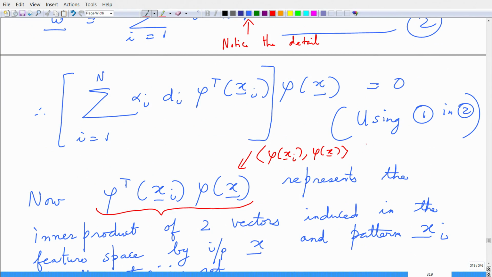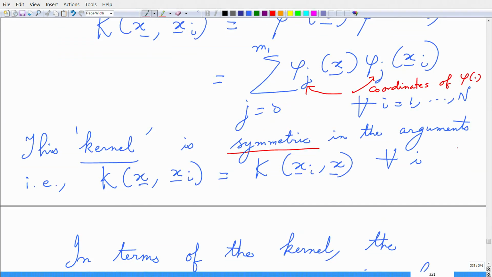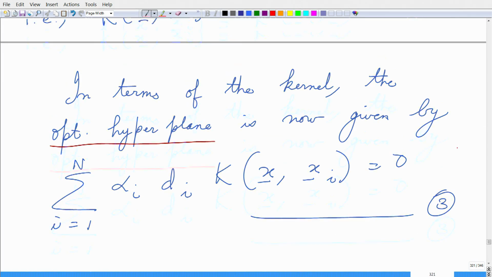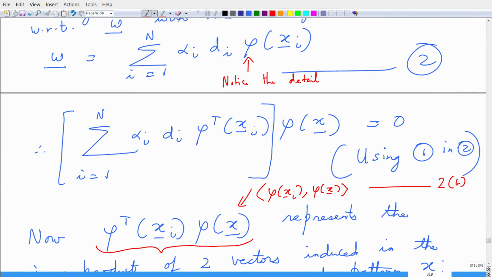So, I call this possibly equation 2b, and just rewriting 2b in terms of the definition of the kernel, I get this equation 3. I did not bring in this notation 2a here, I subsumed the a into equation 2.